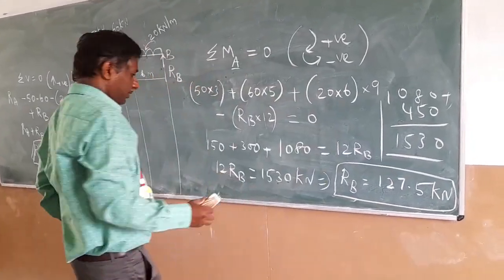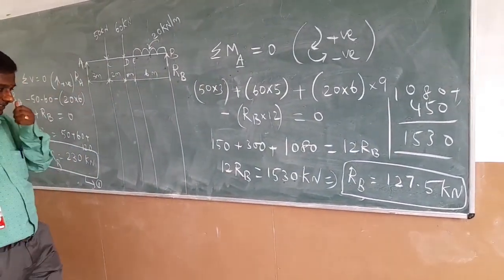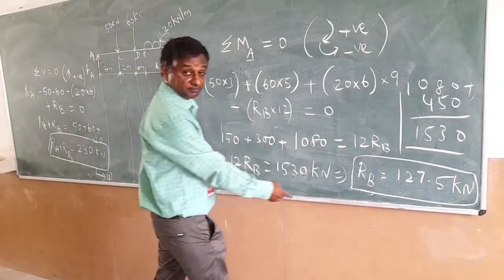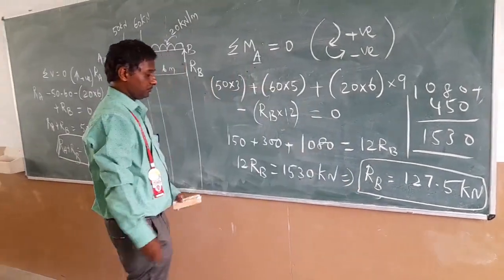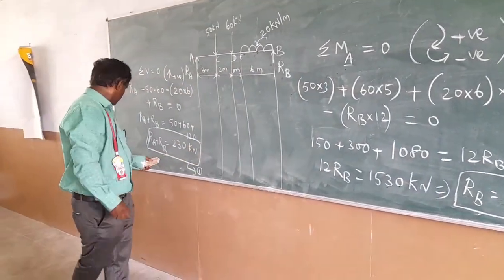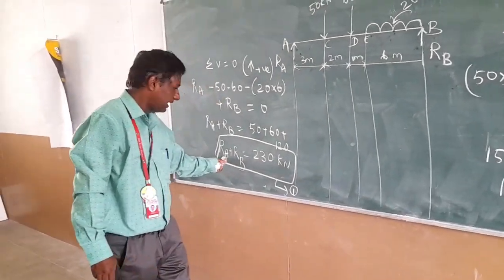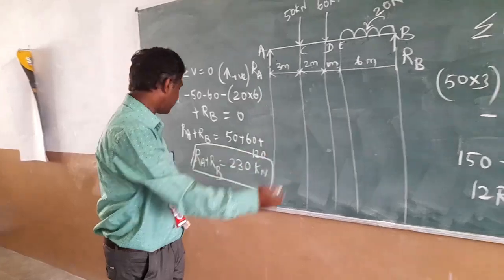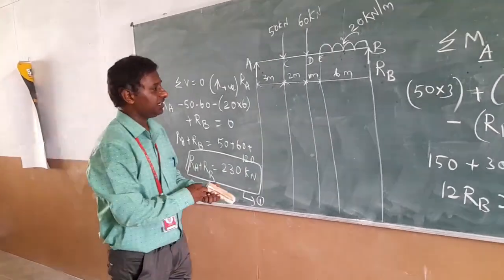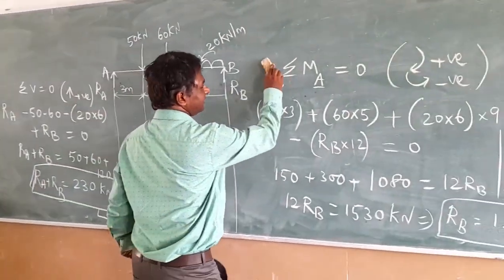So 127.5 kilonewton is the support reaction value. Now RA plus RB equals 230, so what about the other value RA? Just subtract from 230. So RA equals, now let me erase it here.